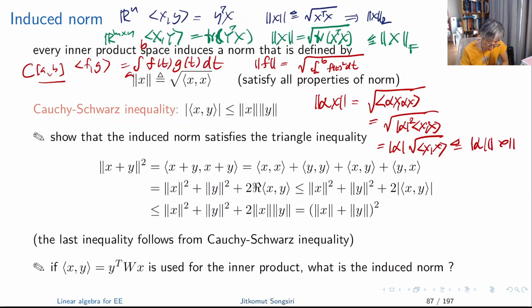So the homogeneous property is satisfied. The positiveness property is quite obvious from the construction of the induced norm. It's only the triangle inequality that is not obvious.